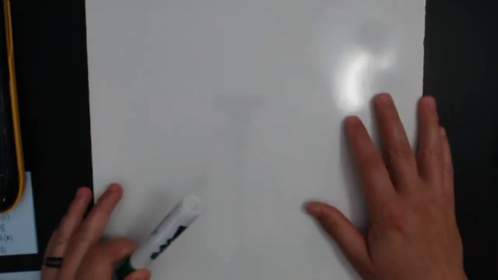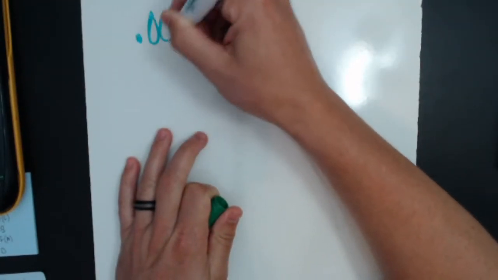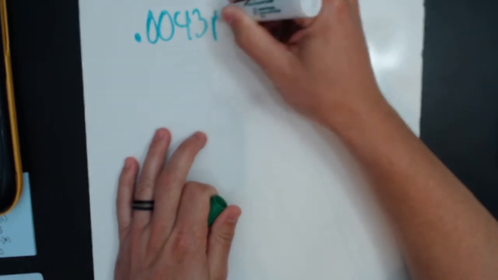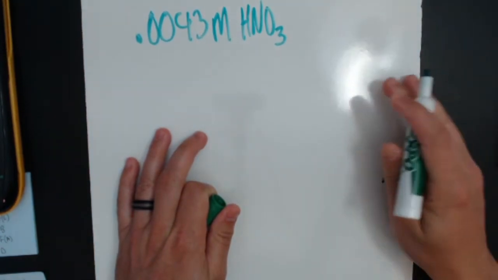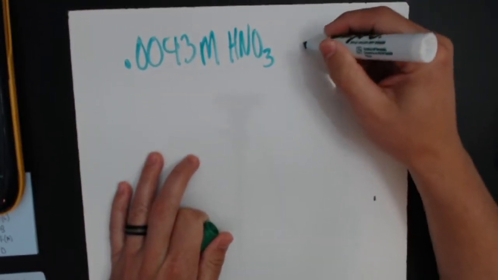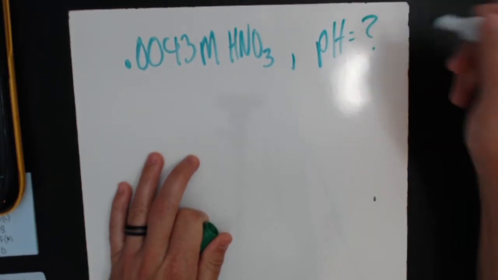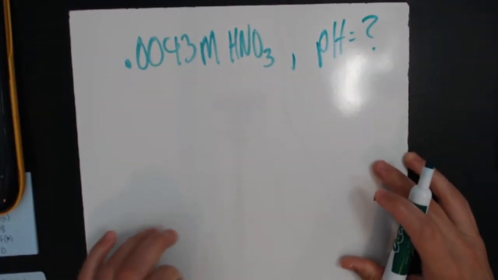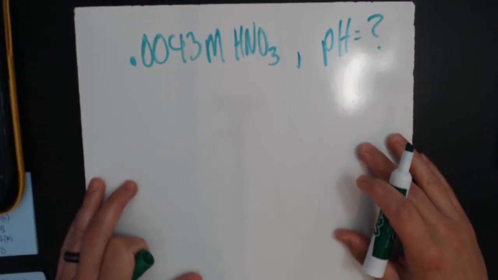This is: determine the pH of a 0.0043 molar HNO3 solution. So we have 0.0043 molar HNO3, that's nitric acid, and we want to know what the pH is. So we're solving for pH in number 1. Remember, there's a couple different ways that we can solve for pH.